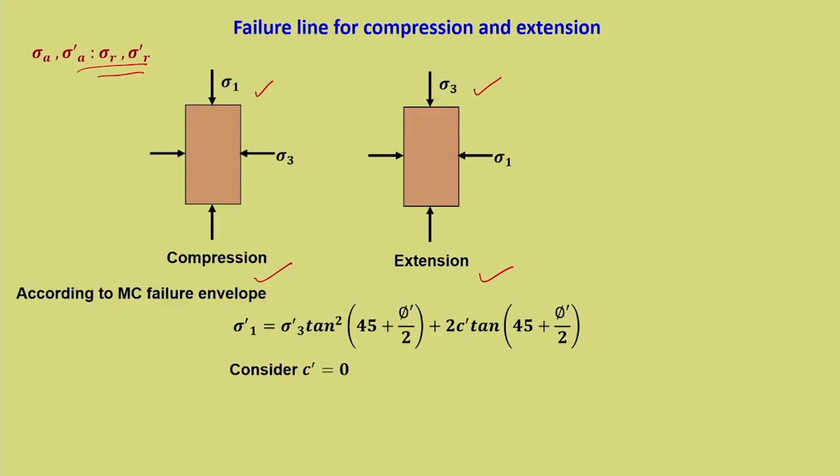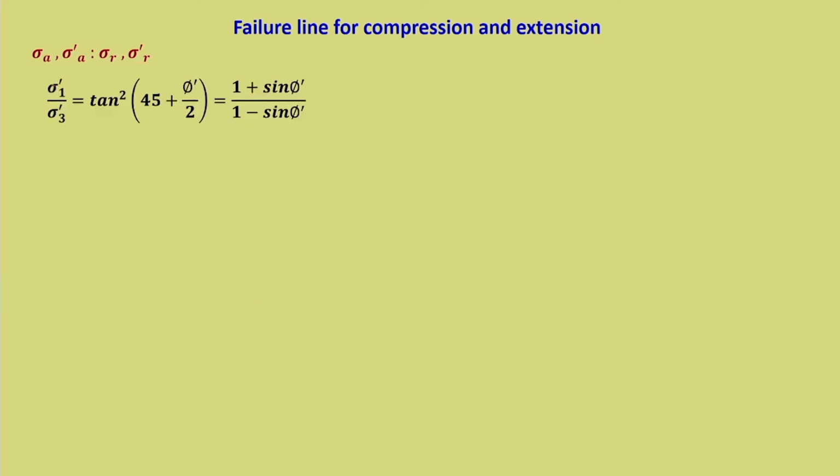Otherwise, we know that c dash exists only if there is cementation or dilation. So, for the time being, let us consider c dash equal to 0. So sigma 1 dash is equal to sigma 3 dash tan square (45 plus phi dash by 2).